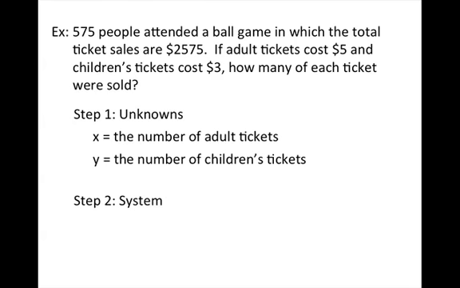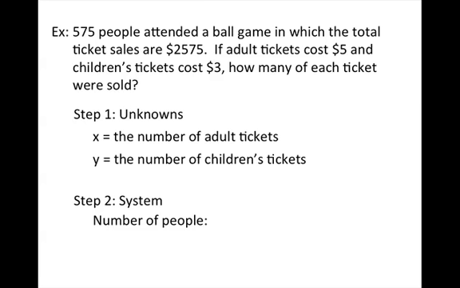Now in step 2, I want to come up with my system of equations. Most of the time, if you have two unknowns, you're going to have two equations in your system. So look back through the problem and find two separate things that they told me. What did they tell me about these tickets? The first thing I'm told is the number of people. I'm told that 575 people attended the ball game.